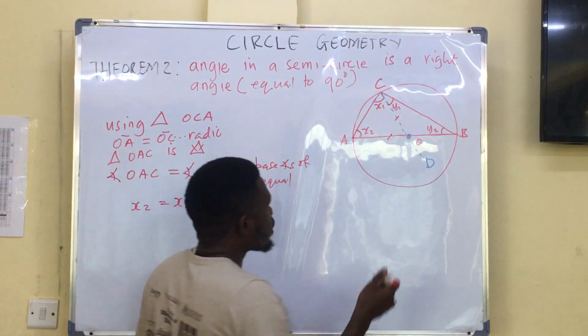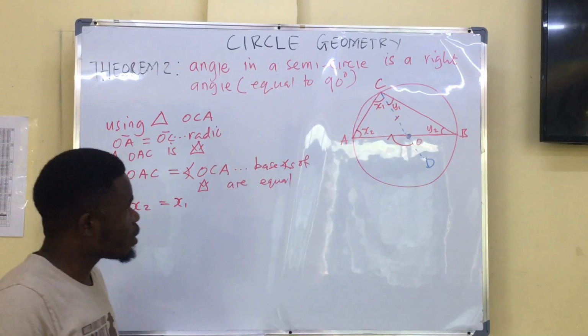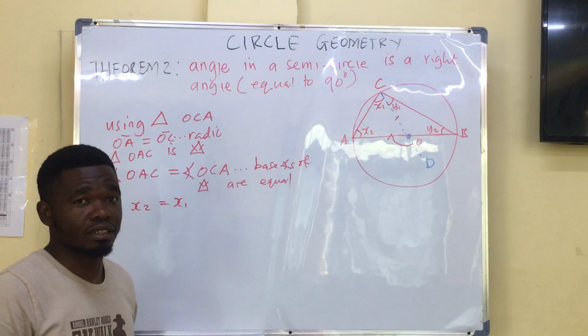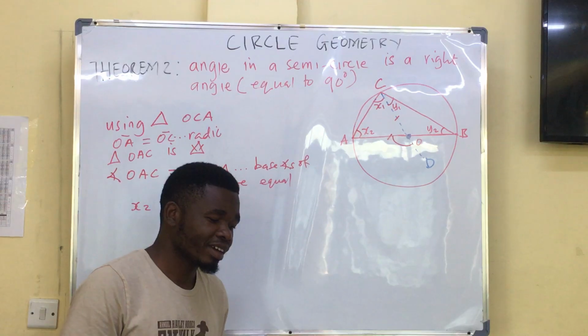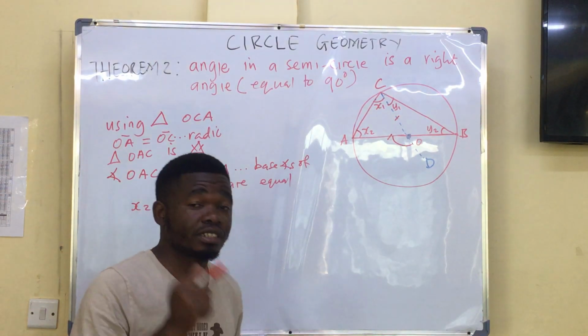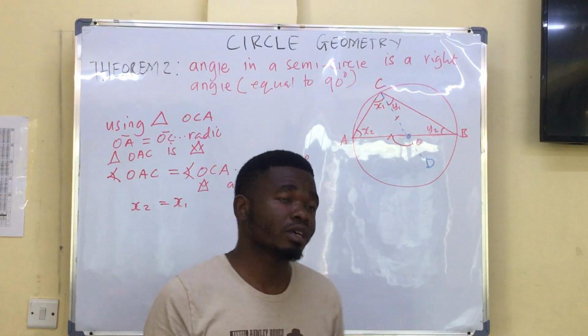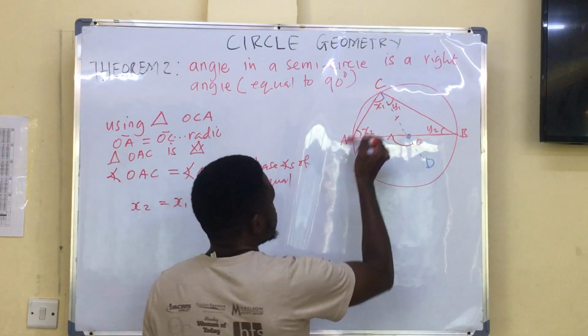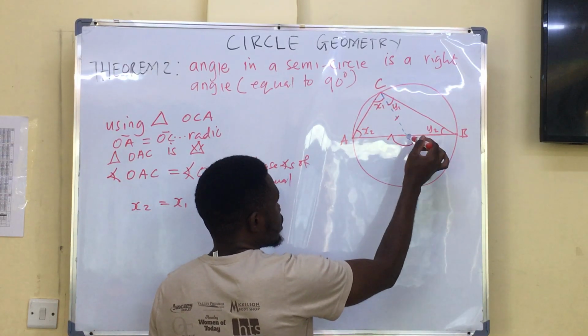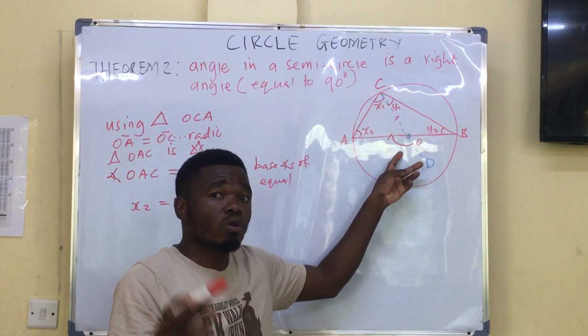Okay, but how can we find out the value of this angle, angle AOD? Remember that time I was explaining the theorem that said that the exterior angle of a triangle is equal to the sum of two opposite interior angles. Meaning that using triangle OCA, this angle AOD is an exterior angle of which triangle?